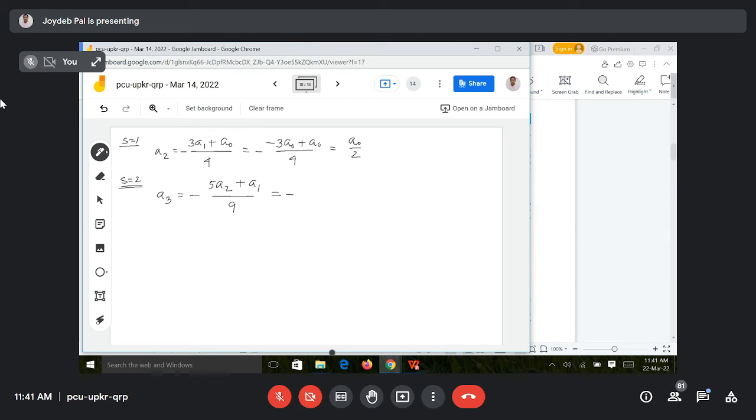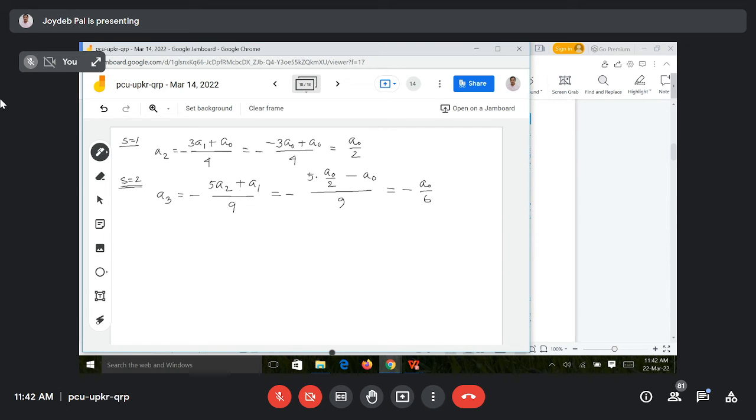So minus 5 into a0 divided by 2 minus a0, whole divided by 9. So what will it become? It will be minus a0 by 6. Yes. So 5 minus 2 means 3 by 2. So 3 by 2 divided by 9. So it is 1 by 6. Yes. So minus a0 divided by 6.